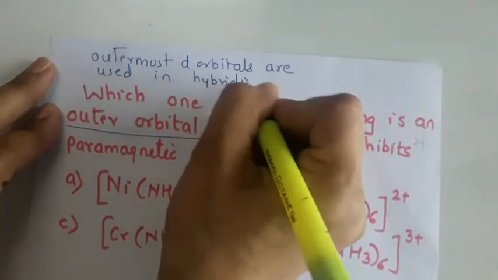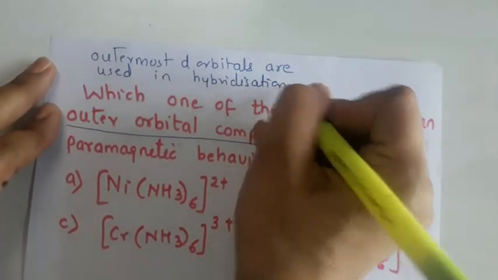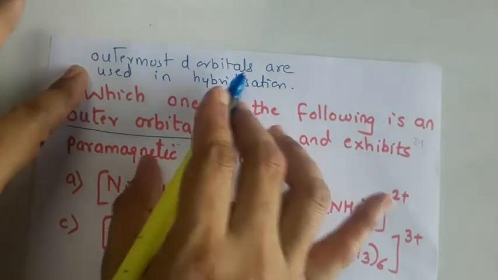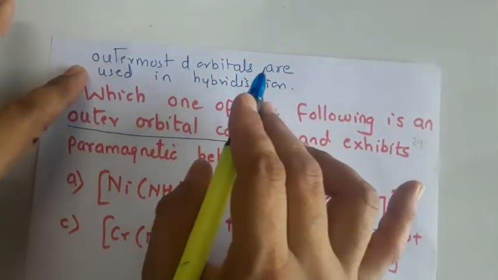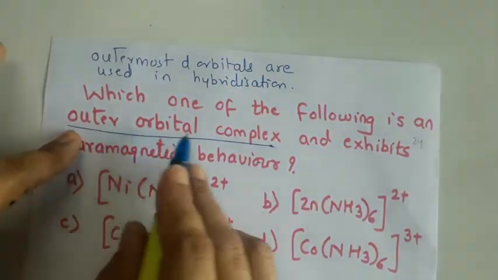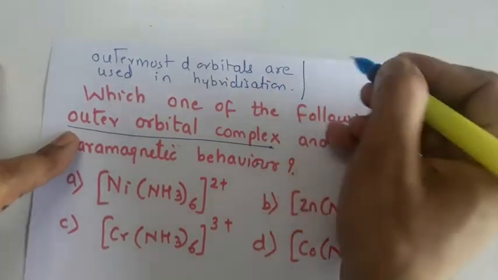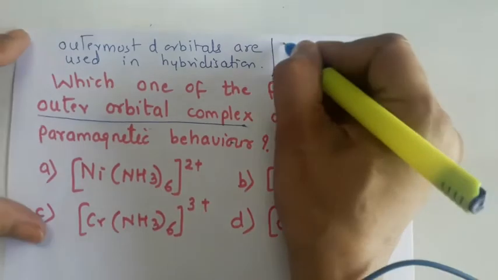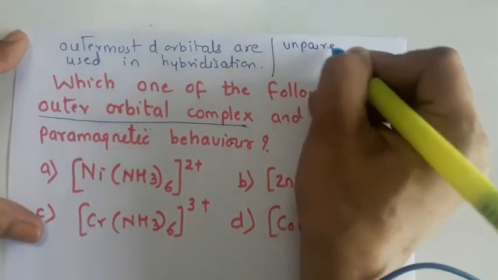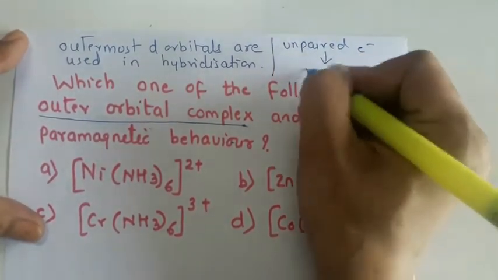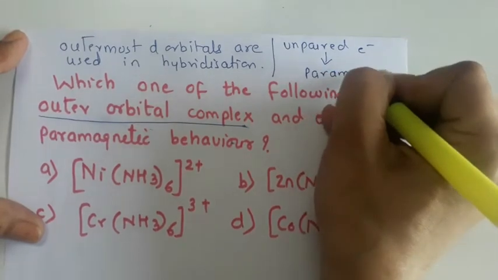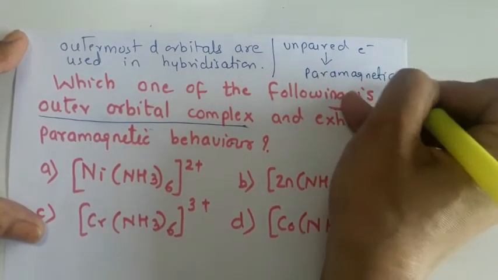We will see this example for this question. And paramagnetism I have already shared with you in the previous answer, that if there is presence of unpaired electron, then that compound is known to show paramagnetic behavior.